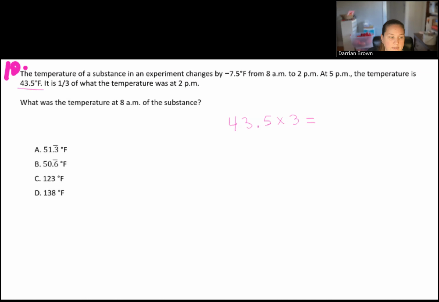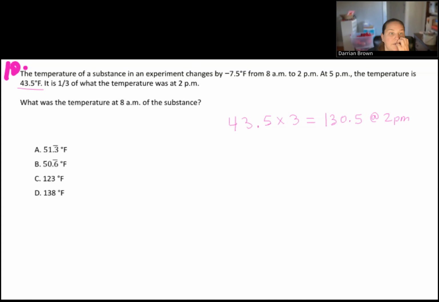Good, Christina. It is 130.5. So a hot day, right? 130 is very hot. And we're going to put at 2 p.m. So this was the temperature at 2 p.m.